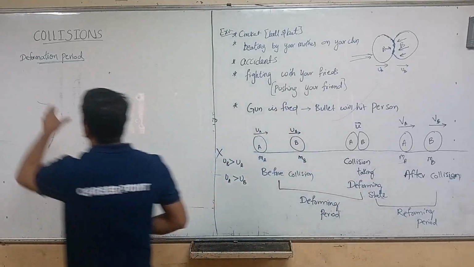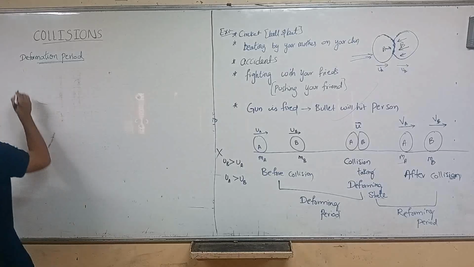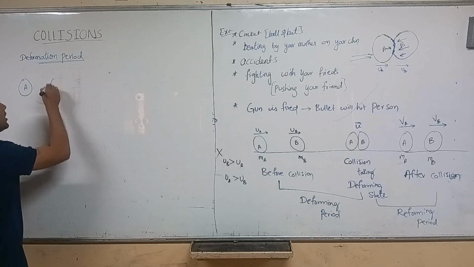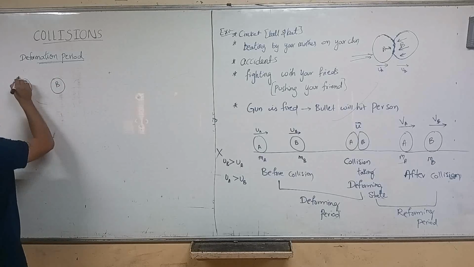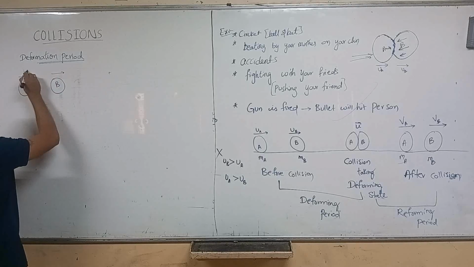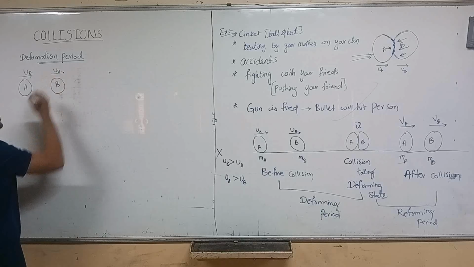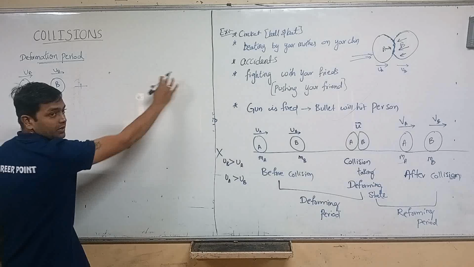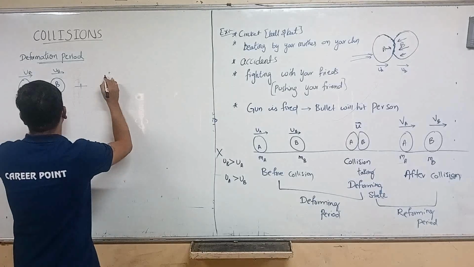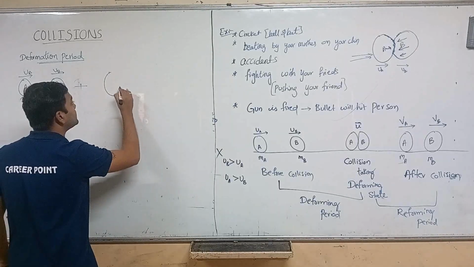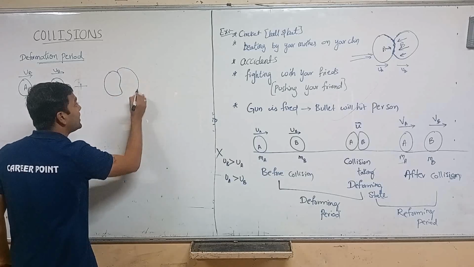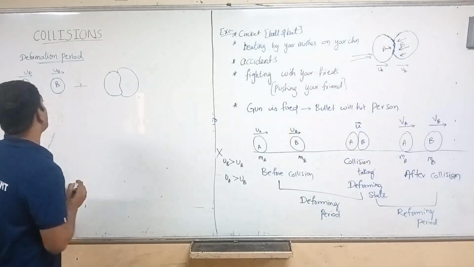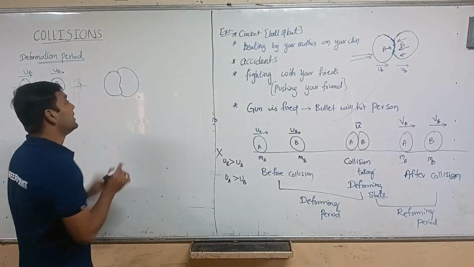So let us take the deformation period. Here we can take an object A and another object B. These two are moving with UA and UB, right? This object will move here, and this object is getting its shape changed. The change of shape is going to take place.